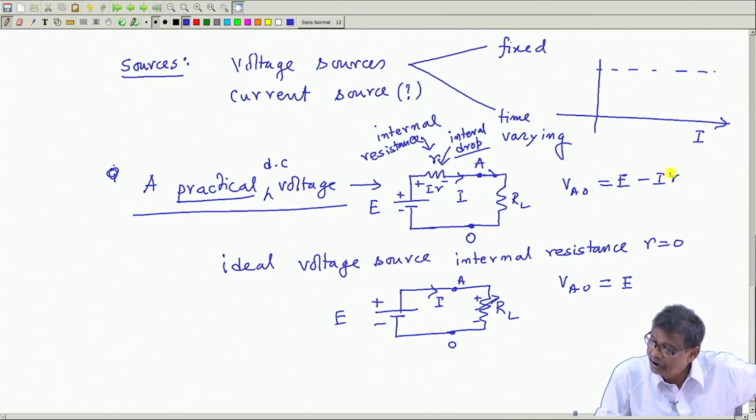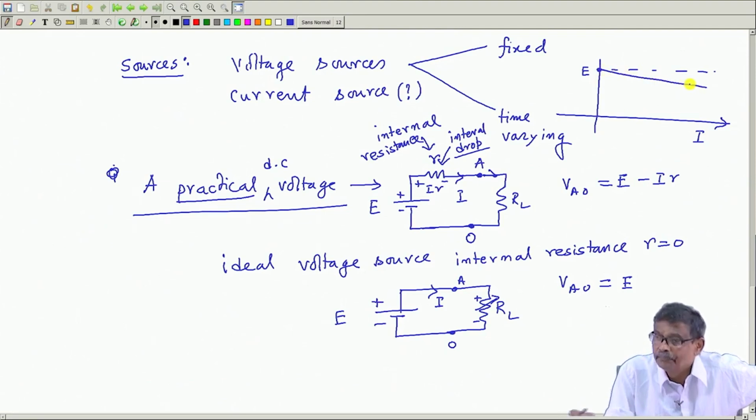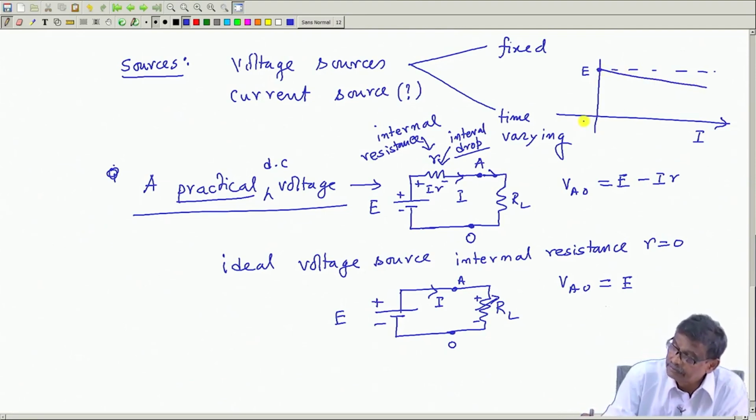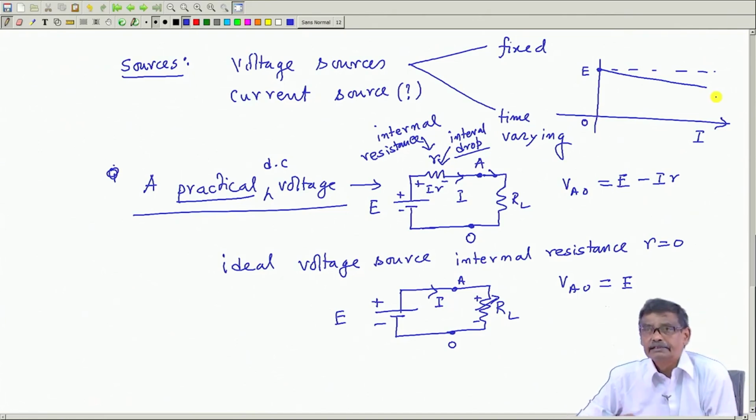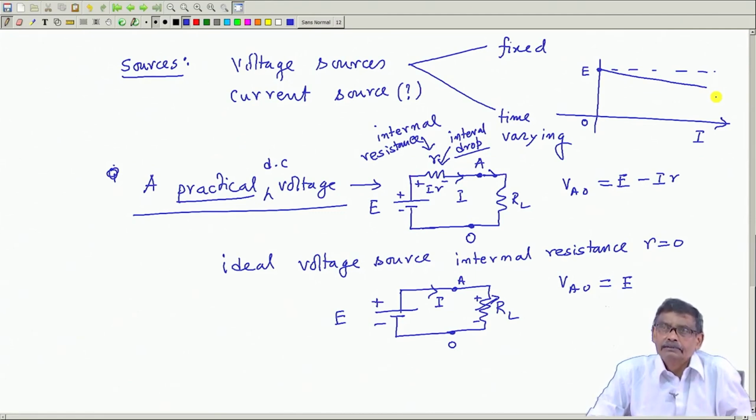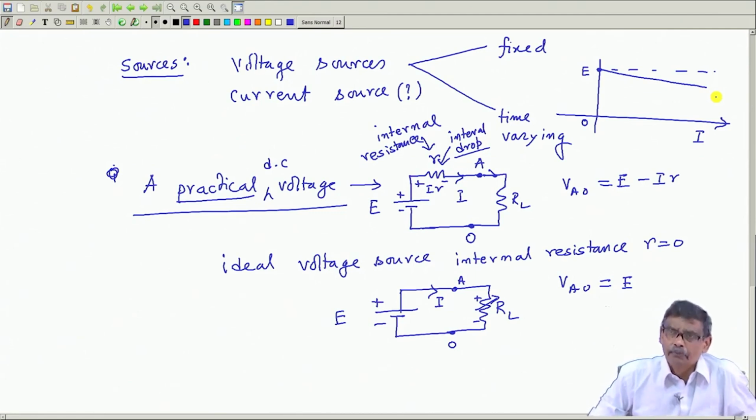With I equal to 0, this voltage will be equal to E, but with I increasing, that voltage will have a drop like this. So, it is a function of current. Of course, the internal resistance of a practical source should be small, is it not?